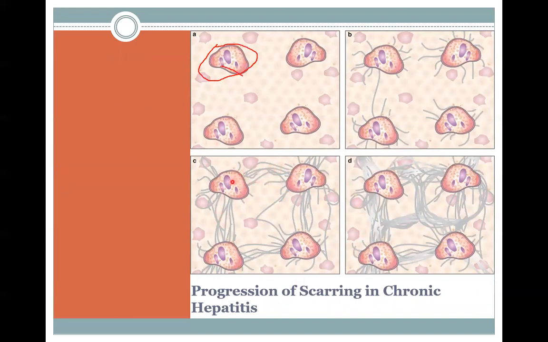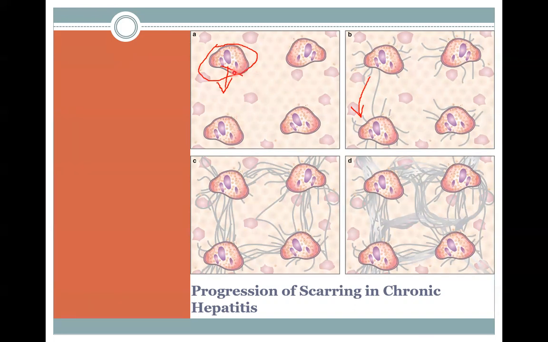So again, let's go back to this. First, you have portal triaditis, right? That's going to be followed by portal fibrosis. And then those inflammatory cells will start to reach out as they spread, as they quote unquote spill over the limiting plate, they will reach out to nearby portal tracts.